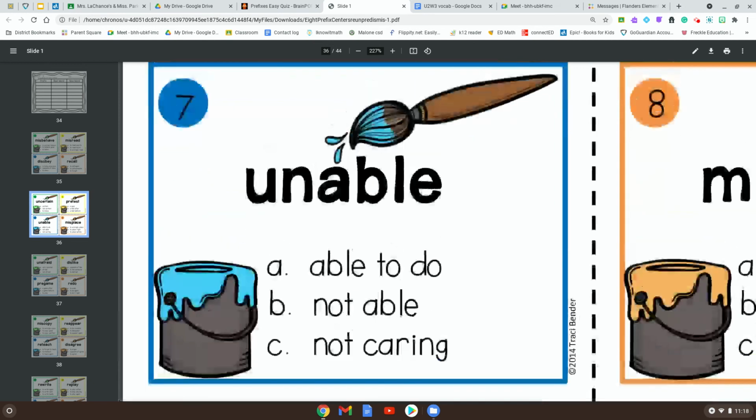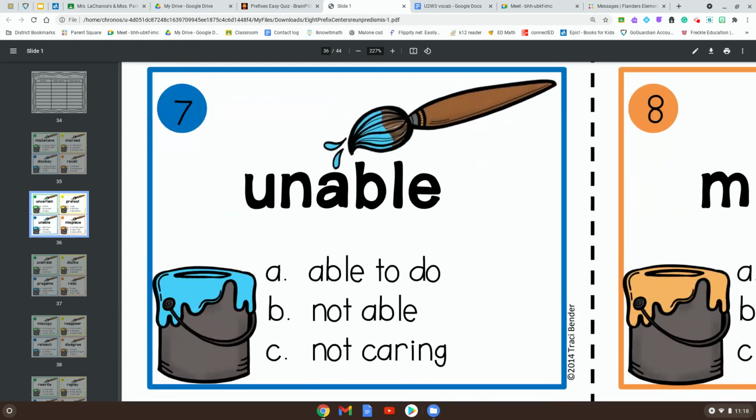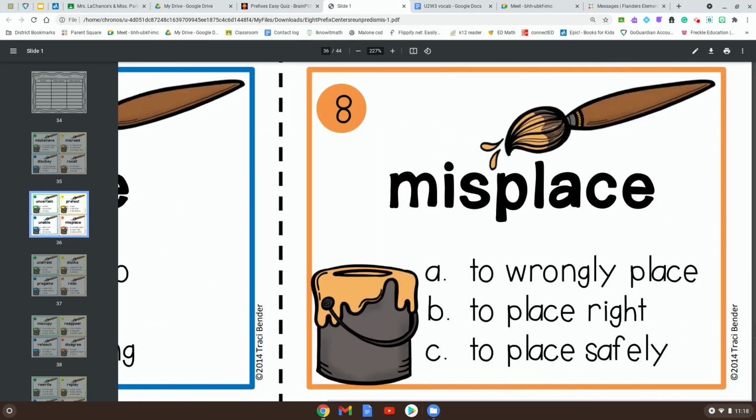Number 7, unable. Does it mean able to do, not able, or not caring? Able is our root word. Un is our prefix. We learned that un means not, so it would be not able. It would be B. 8, misplace.